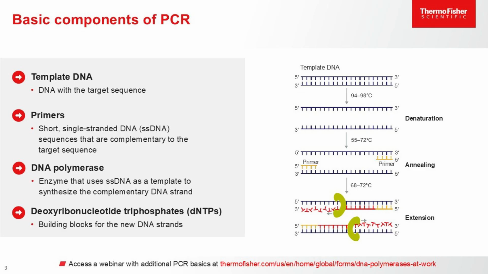The process begins with DNA denaturation at 95 degrees Celsius, followed by primer annealing, and finally DNA polymerase extends the second strand. This cycle results in exponential amplification of the target DNA to generate specific PCR product.